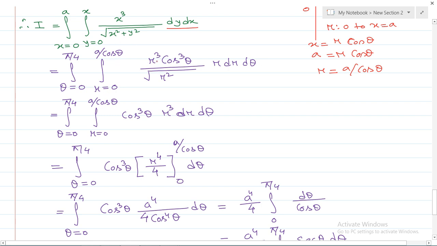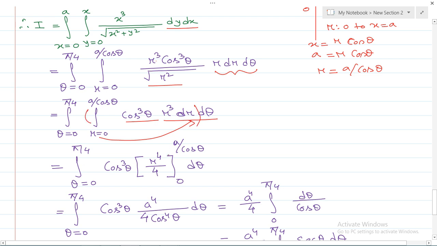So x cube equals r cube cos cube theta, root of x square plus y square is root of r square, and dy dx will be replaced by r dr d theta. After simplifying, we have r cube dr d theta into cos cube theta. Since cos cube theta is free of r, it will be treated as constant when we integrate with respect to r.